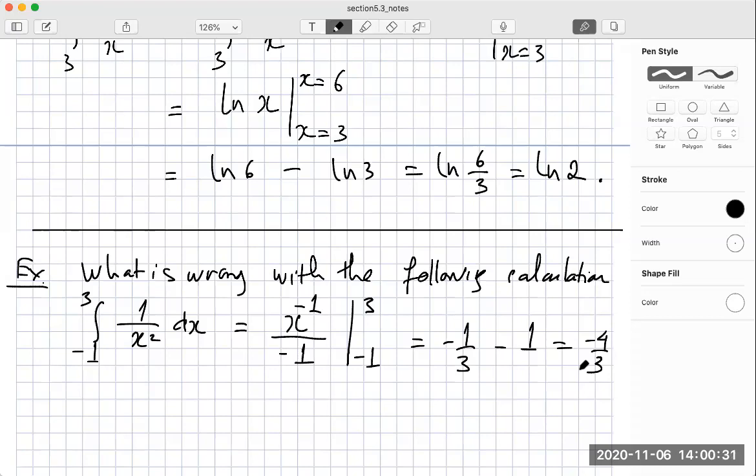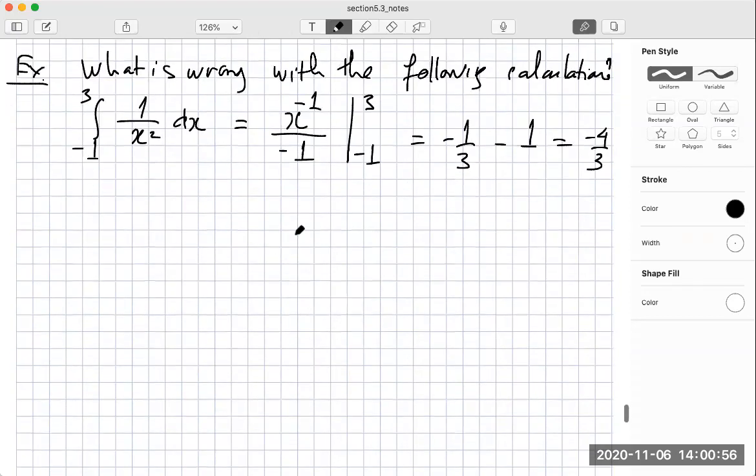So, is it correct? Why? It's not defined at 0, but the bounds include 0. Yeah, perfect. Thank you, Daniel. Is a perfect explanation.